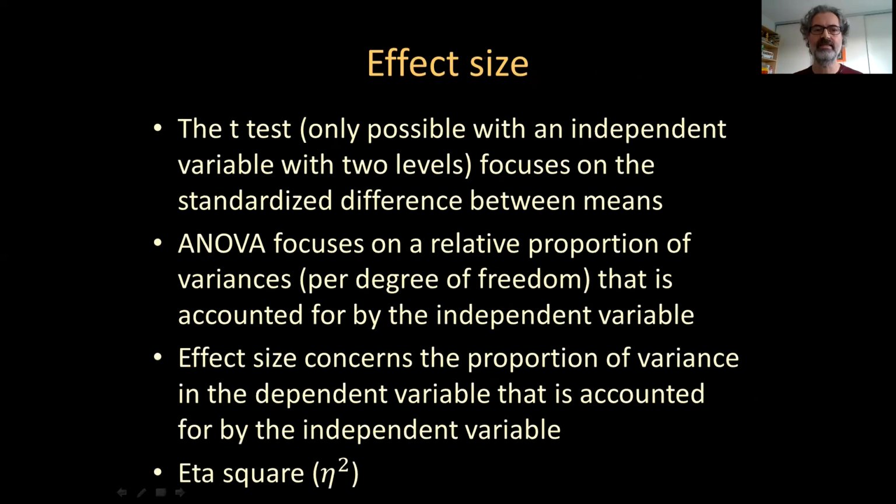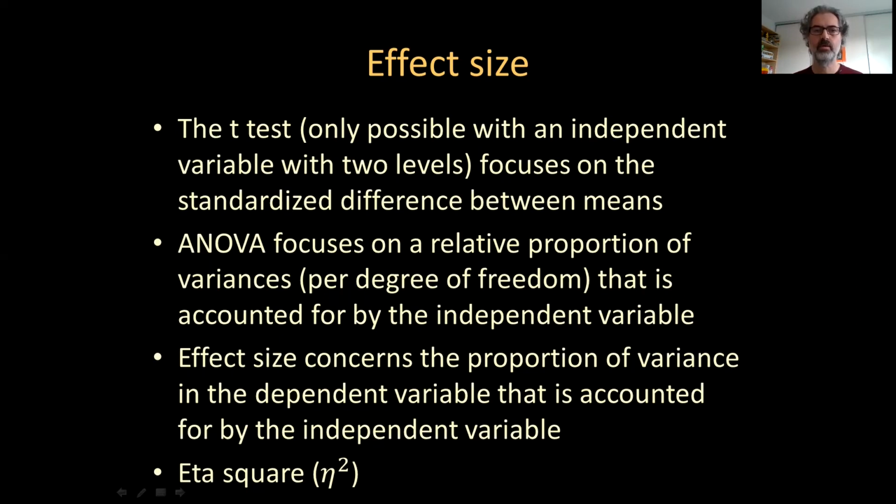If you think of the t-test, where we could only have two groups, so two levels, the t-test focuses on standardized differences between means. Standardized in terms of standard error gives us the t-value, and standardized in terms of pooled standard deviation gives us the d-value, which was the effect size. So the effect size in the t-test was how many pooled standard deviations away are the two means.